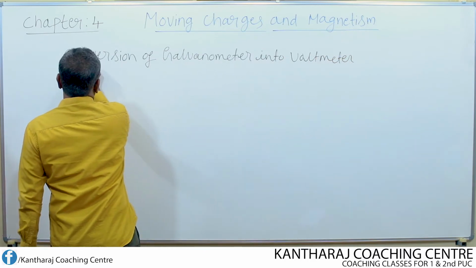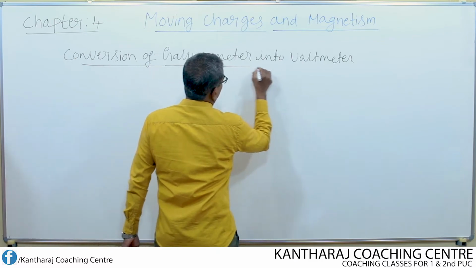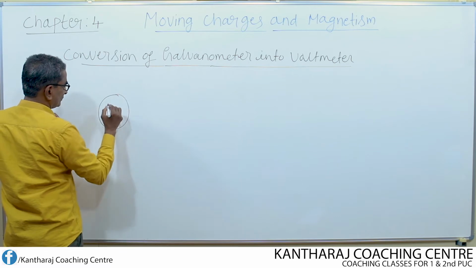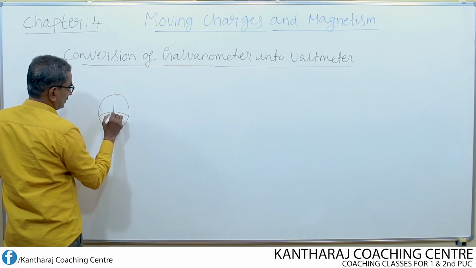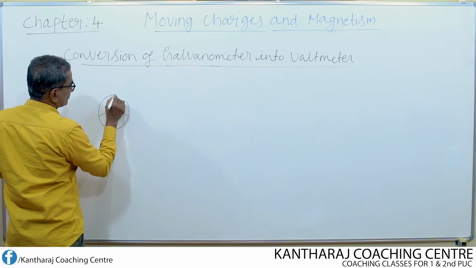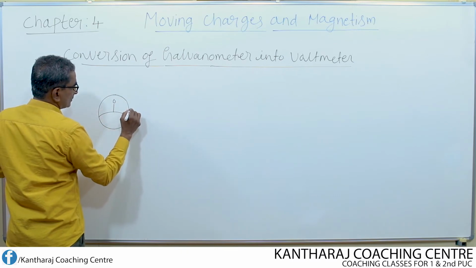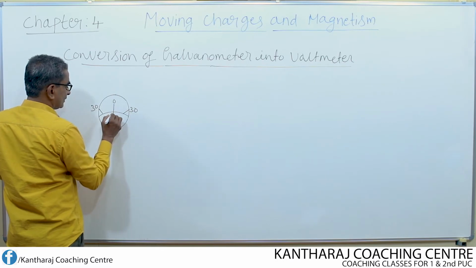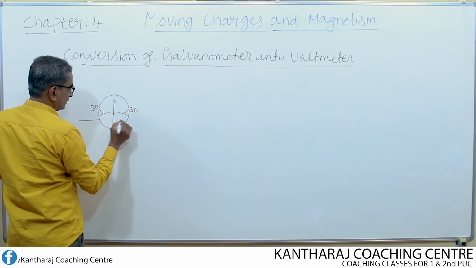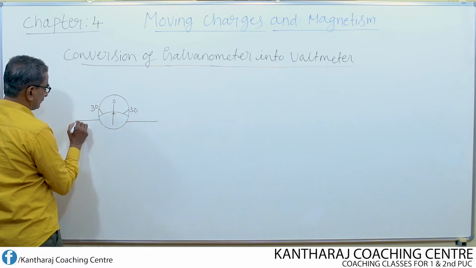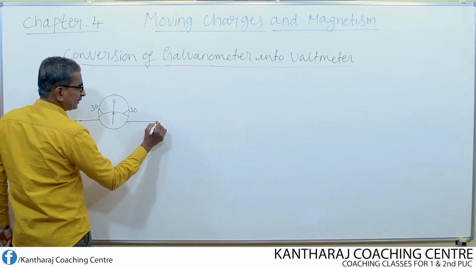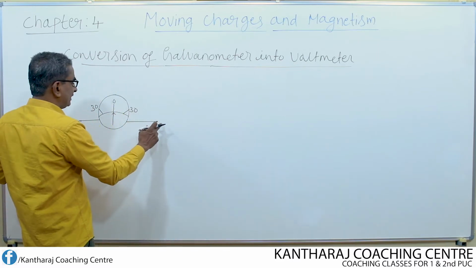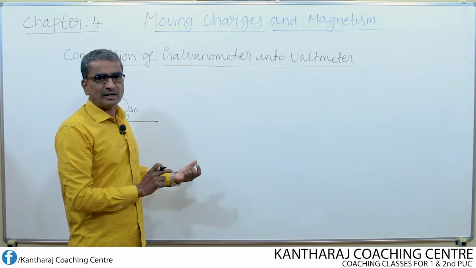Okay, now once again let us consider this galvanometer. 0, 30 divisions. Suppose some potential difference is applied between the two ends. How do we apply the potential difference? Connect these two to the two terminals of a cell or a battery.